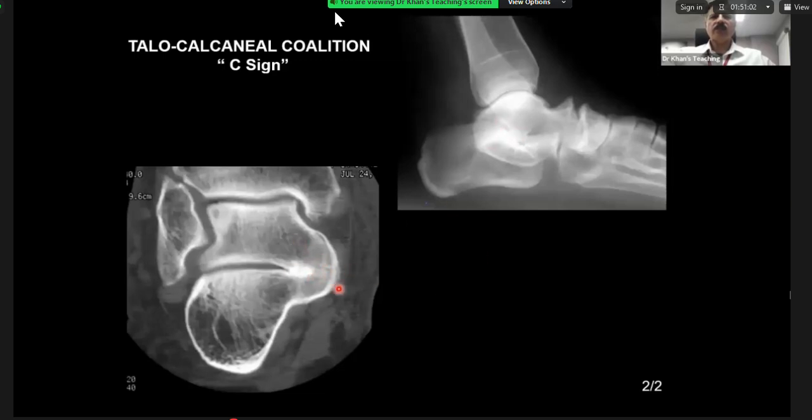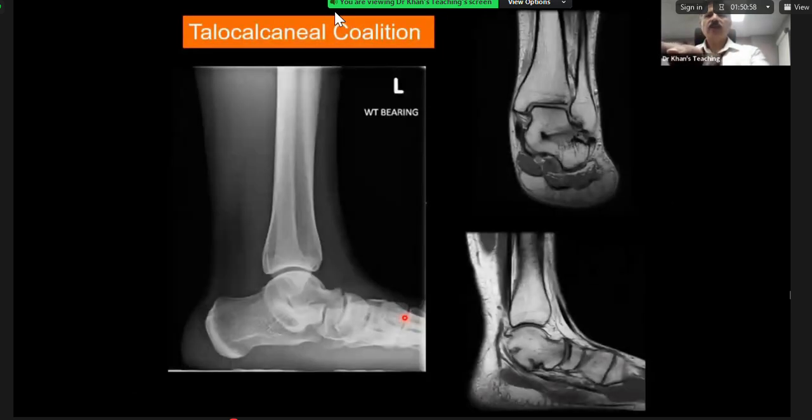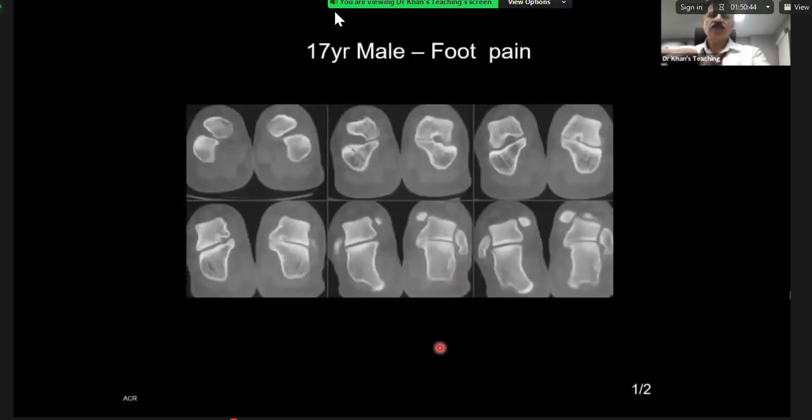This is a CT scan. And MR. This is another case, by the way, and you can see this bony bar on an MR also. This is just to show you the same thing on CT scan.